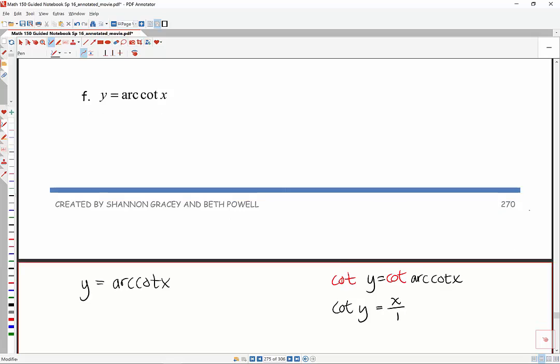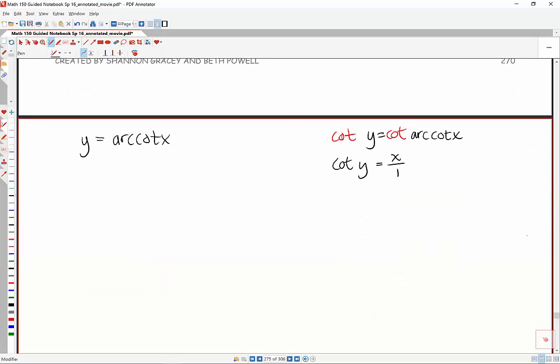And then finding our triangle stuff, we'll have our angle of y, and then this will be side adjacent over side opposite, which is going to give us the square root of 1 plus x squared for the hypotenuse.